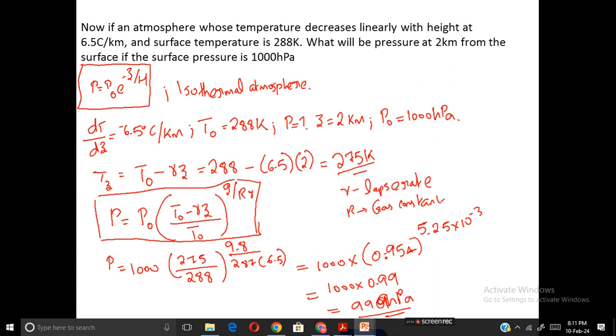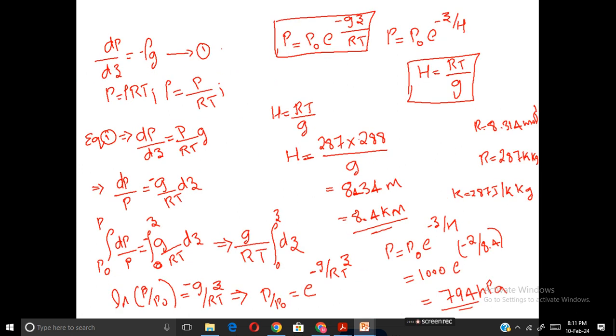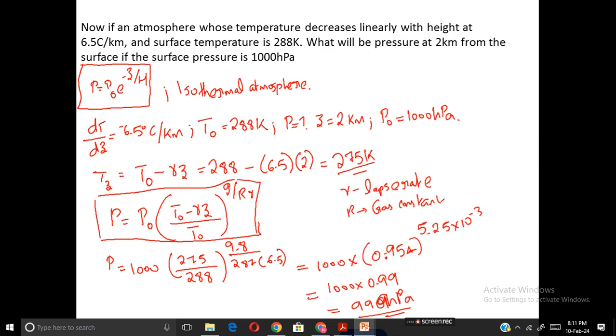This was an ideal case when the atmosphere was isothermal, and here this is more close to the actual situation. At just 2 kilometers height from the surface there is not much change in the atmospheric pressure. It is close to 1000 hectopascals.